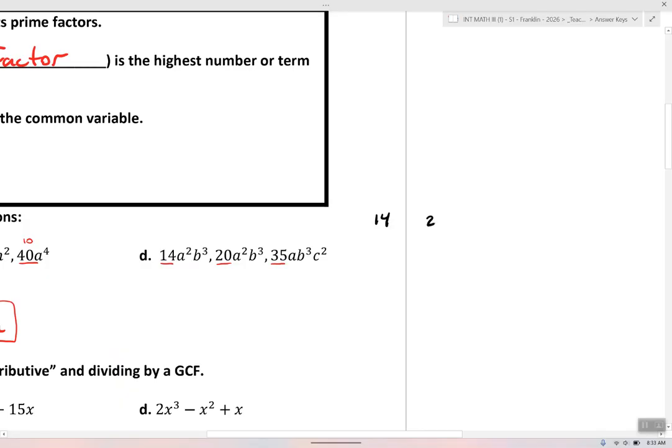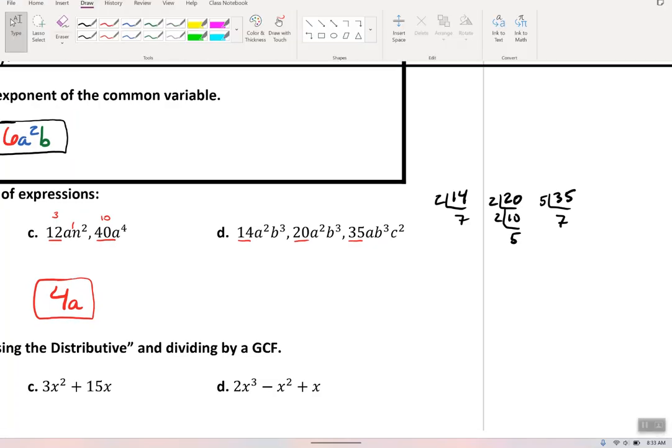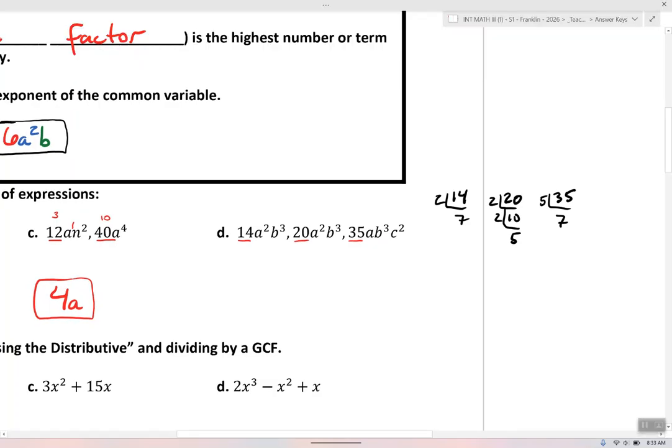If we doubly make sure with a little hedging, we can divide 14 by 2, we get 7. Those are both prime. 20 by 2, we get 10, which we can divide into 2 and 5. And 35 is 5 and 7. So these three numbers don't have a GCF other than 1 because they're all a different combination of prime factors. So 1 is our GCF for the coefficients.